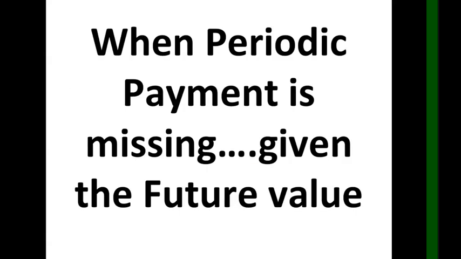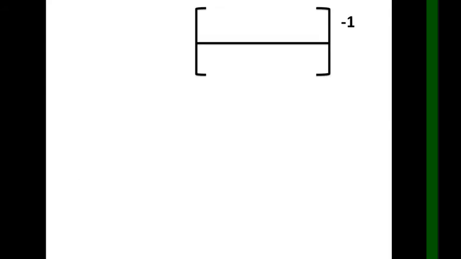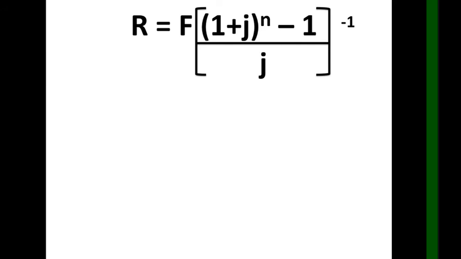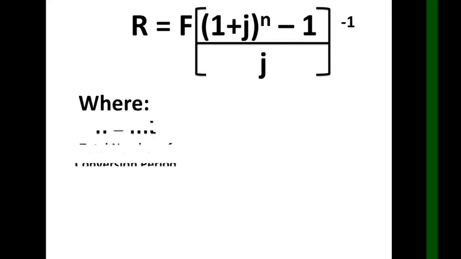Now let's have another: when the periodic payment is missing, given the future value. For this one, we have the formula R equals F quantity 1 plus J raised to N minus 1 over J raised to negative 1. The formula is too long and laborious, but it is so easy to solve. First, we need to consider the following.